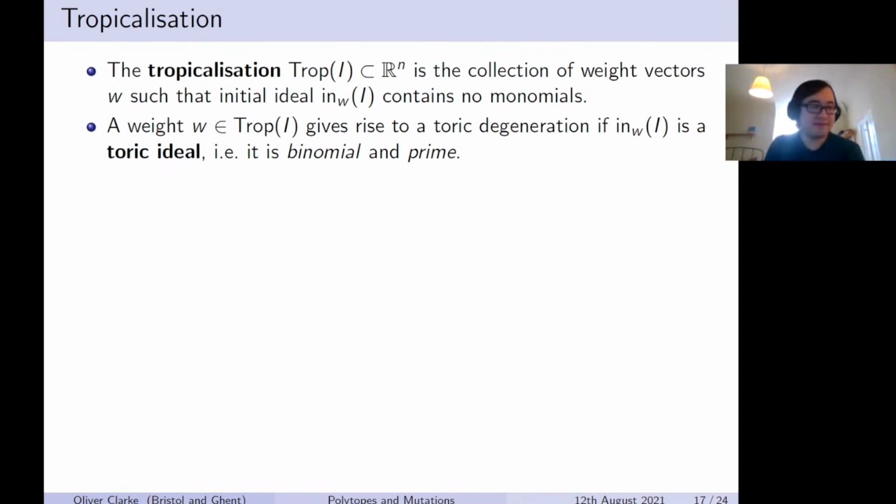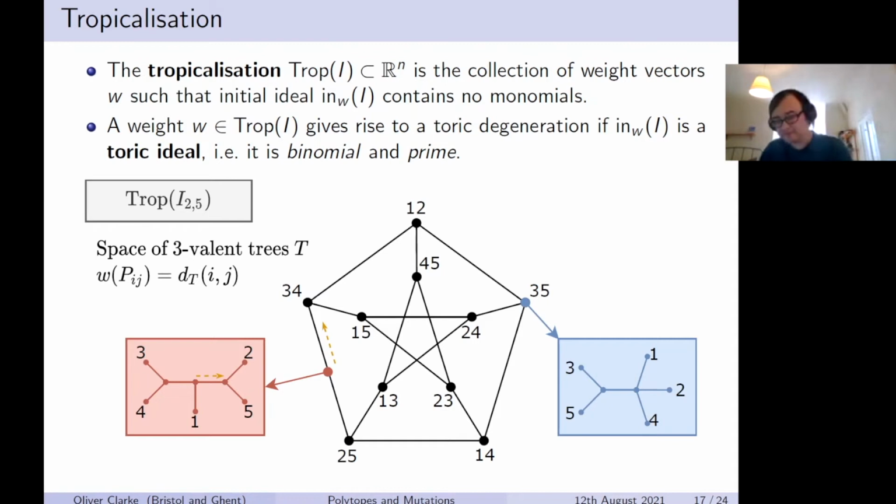In the case of small Grassmannians, Grassmannian 2,n's, you can write down a very nice characterization of its tropicalization. And here's a picture for Grassmannian 2,5, so 2-planes in C^5. The tropicalization, if you quotient by the lineality space and then take, say, the intersection with a sphere, you'll get something that looks like the Petersen graph.